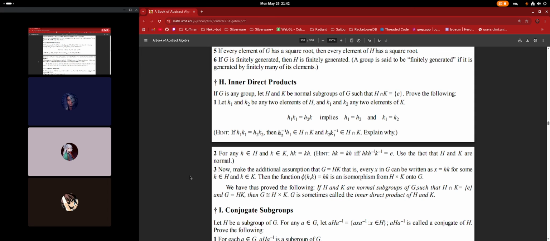Okay, Marinho, you can go. Why is this cool? Well, one and two are really just a build up to three and the conclusion after that. But basically, if you know that they are both normal, then that means that you can do the sandwich between the elements of them and the elements of G and still be in them.